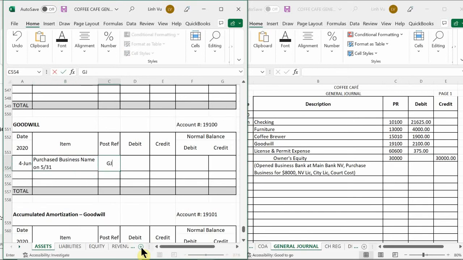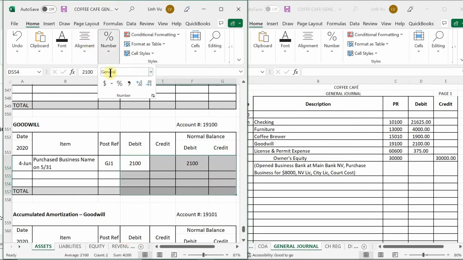General journal, right? We're still on page 1. And how much did I generate for goodwill? 2,100. So therefore, my account balance is 2,100, right?